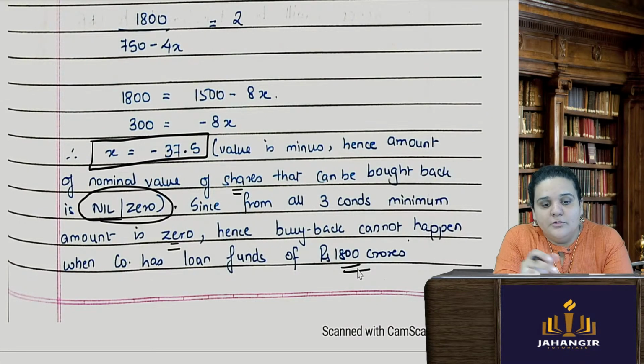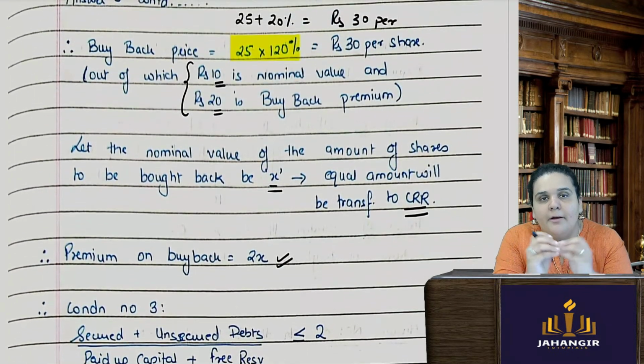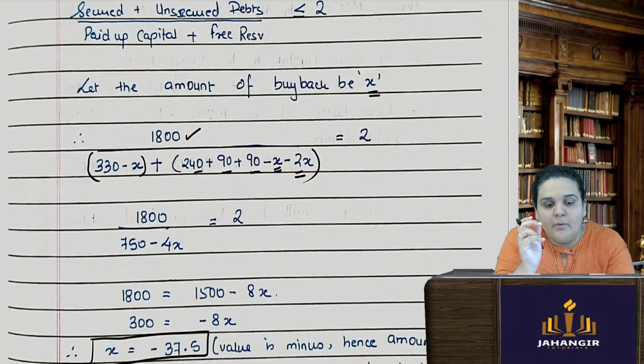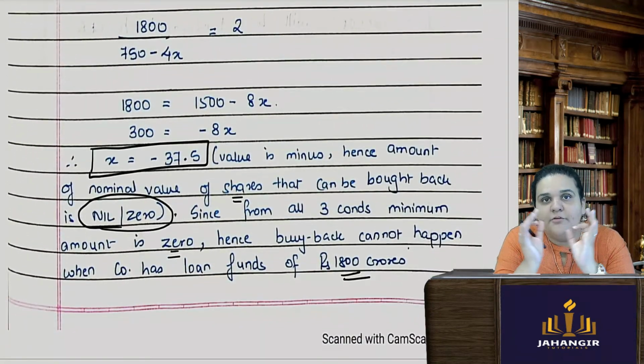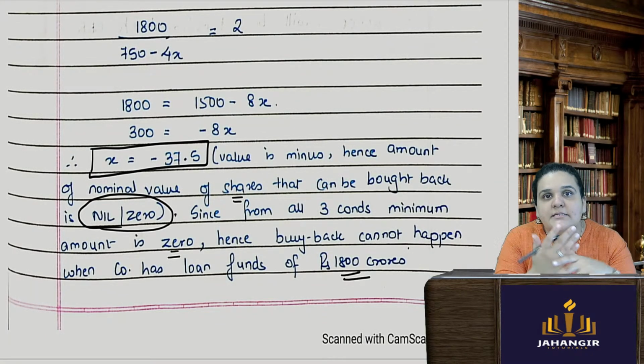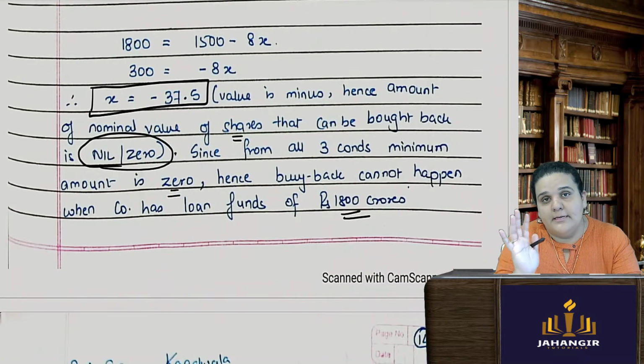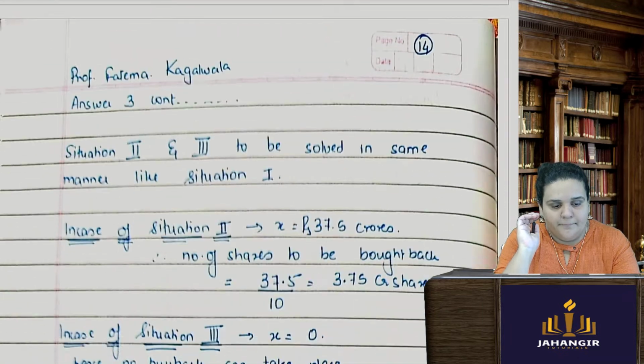So in the last condition I have just put the nominal value of the buyback as rupees X. Since that is X, the premium will be 2X. Based on that I have found the value of X. Now out of all the three conditions this is the least, which is running in minus. That means I will consider it as 0. Therefore the buyback cannot happen if the loan funds are 1800 crores.